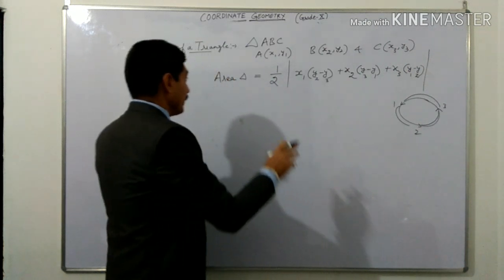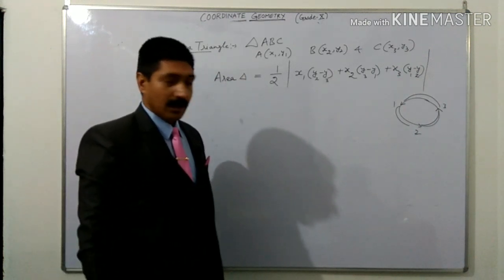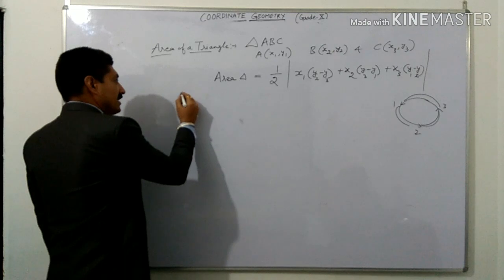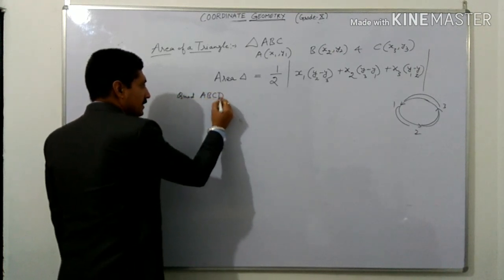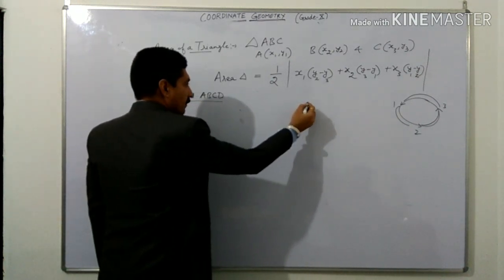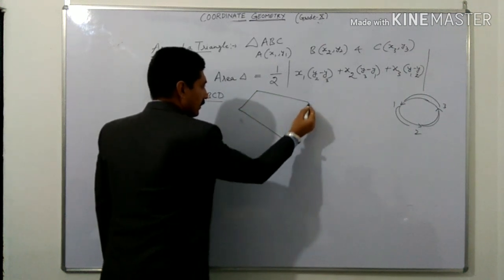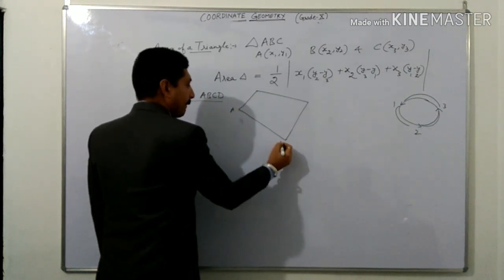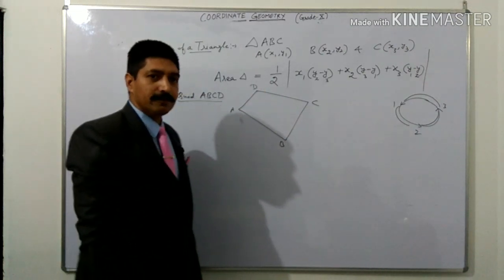Now we can find the area of a quadrilateral also. How? If ABCD is a quadrilateral and all its 4 vertices are given, then we can join either diagonal.